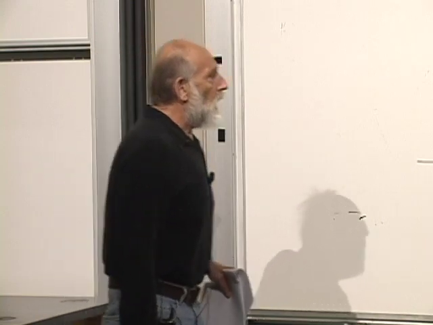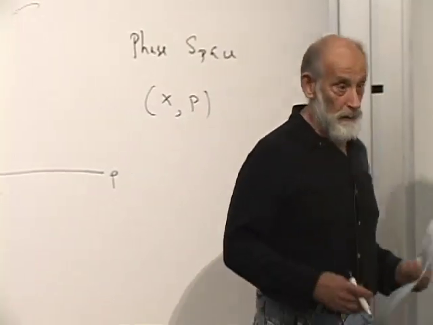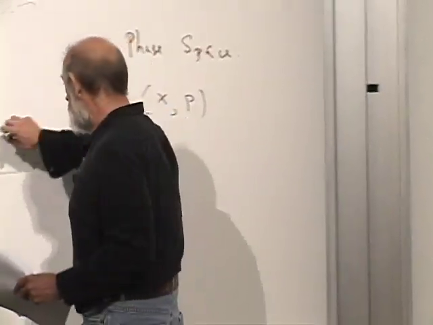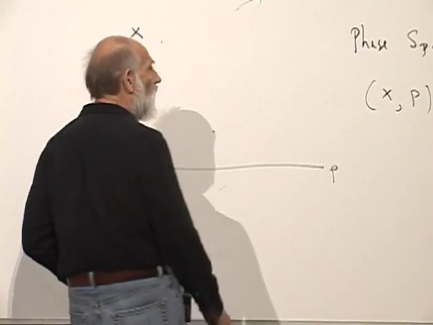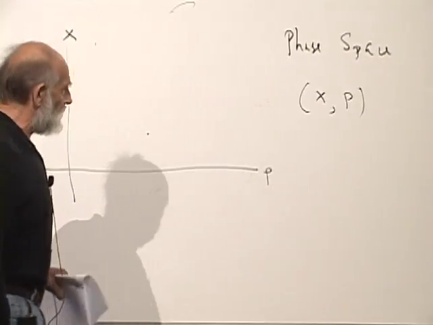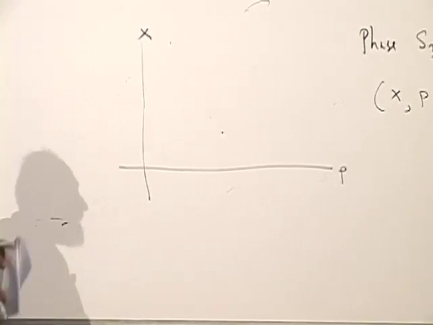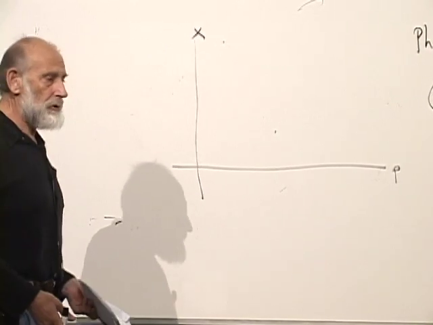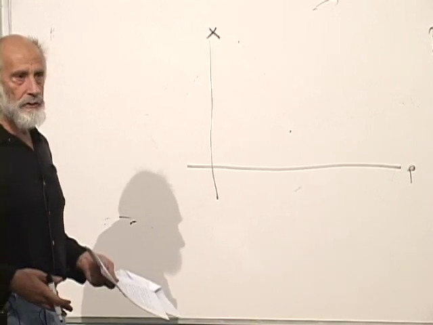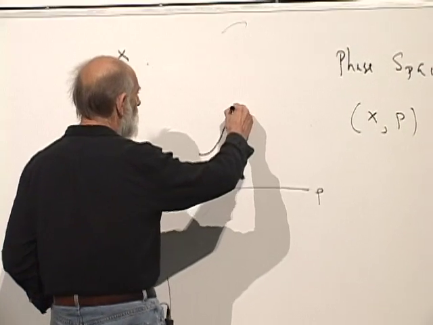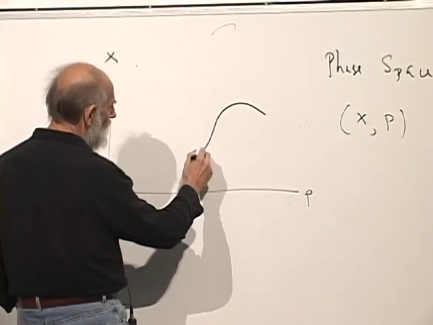But now, first of all, what is an orbit? What is a history? A starting point, which could be like the analog of starting with red, is just a starting point in this phase space. And then the equations of motion, either Newton's equations or whatever equations are governing the system, allow you to follow it with time.